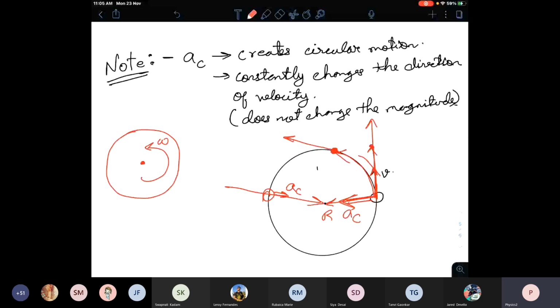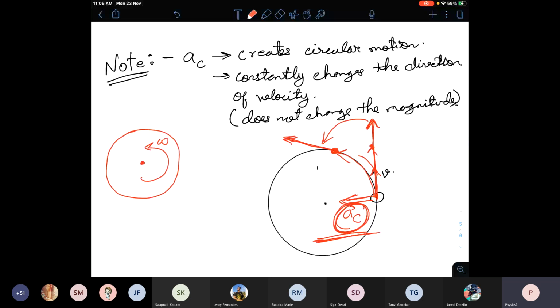See the centripetal acceleration. The direction of velocity should have been upwards, but it is not. It has been rotated in this direction. And which acceleration is creating that? It is the centripetal acceleration.